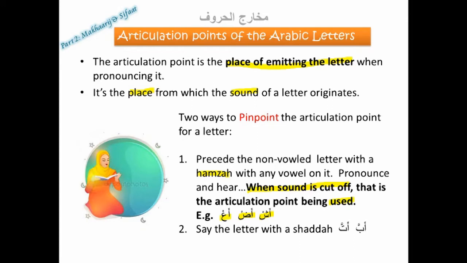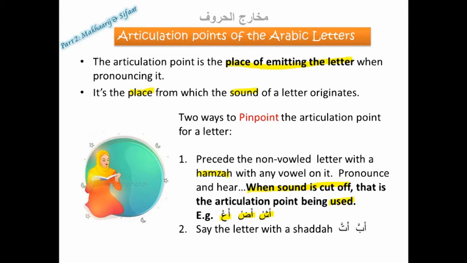So ayn, the articulation point is the middle of the throat. So we're going to make sure we say it and where it's cutting off, that is the articulation point for ayn. And you can touch your throat and just feel the middle of the throat and you feel a vibration, and try to say this in this way, inshallah, and practice.